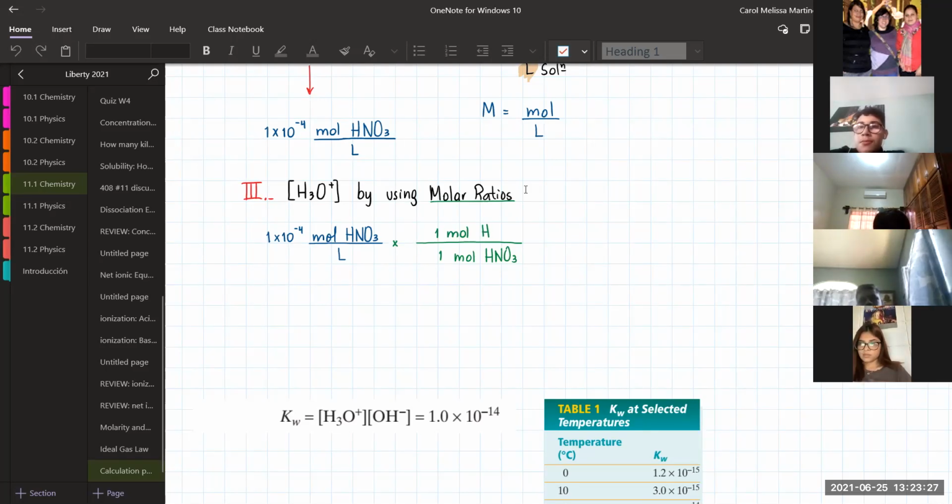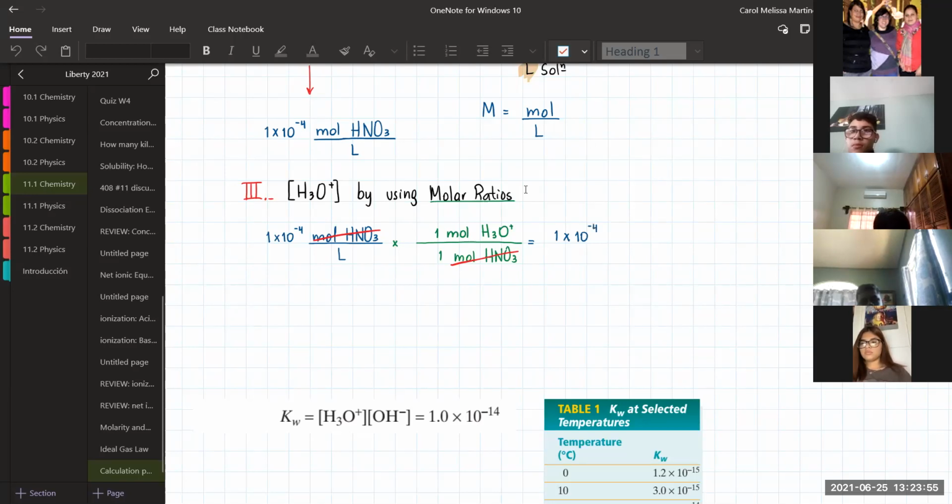Now we are able to cancel moles of nitric acid against moles of nitric acid. As a result, you obtain the same number, since you're multiplying times 1 and dividing by 1.